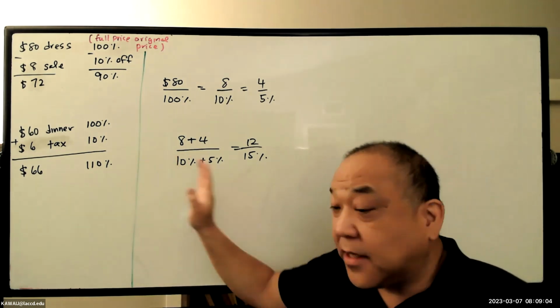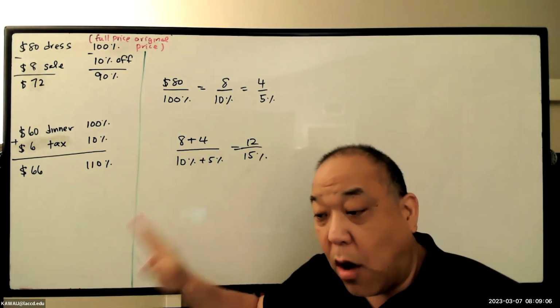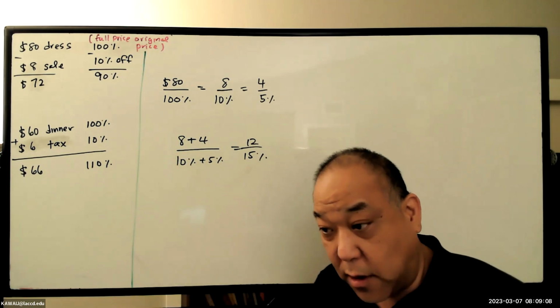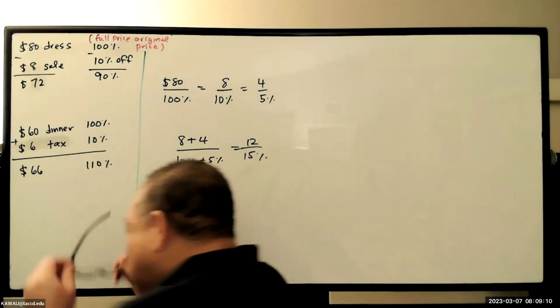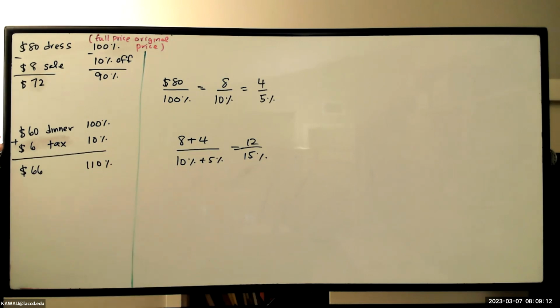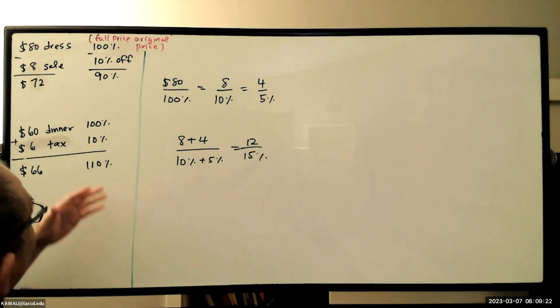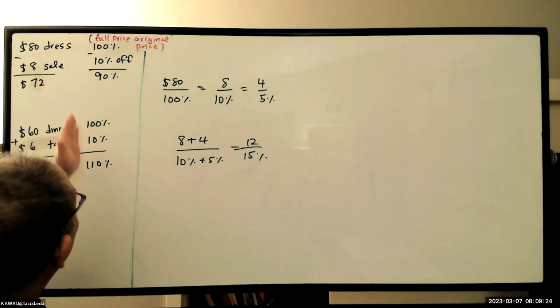If you do it the way I'm going to teach you right now, this will always work. The first problems we're doing are find one of these values. We will first do problems where we find a number, and then afterwards, we'll do a problem where we solve for a percent.